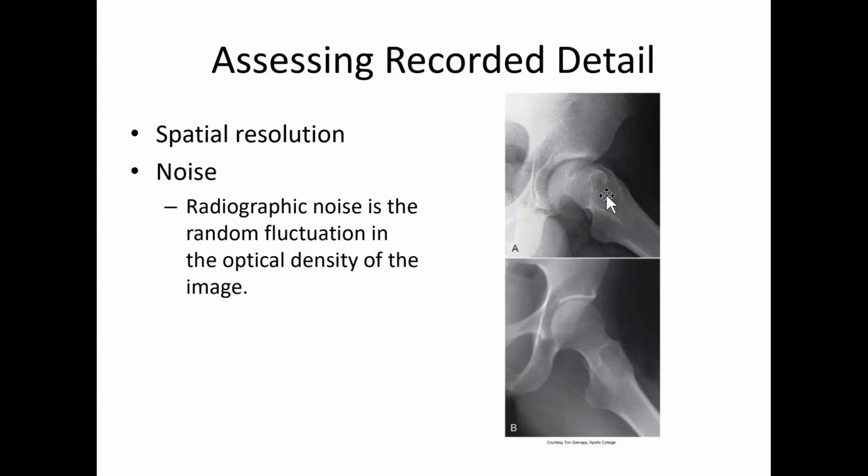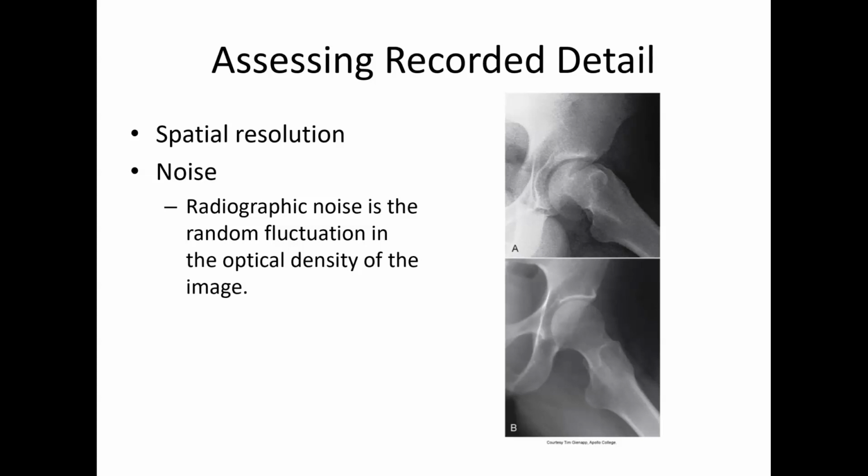There just weren't enough photons to give us a good exposure of the part we're looking at, so we can't see the detail. You see on this bottom image, it looks like they've increased their mAs, and now we are seeing much more detail. Up here, it's very spotty looking, and that is considered noise.